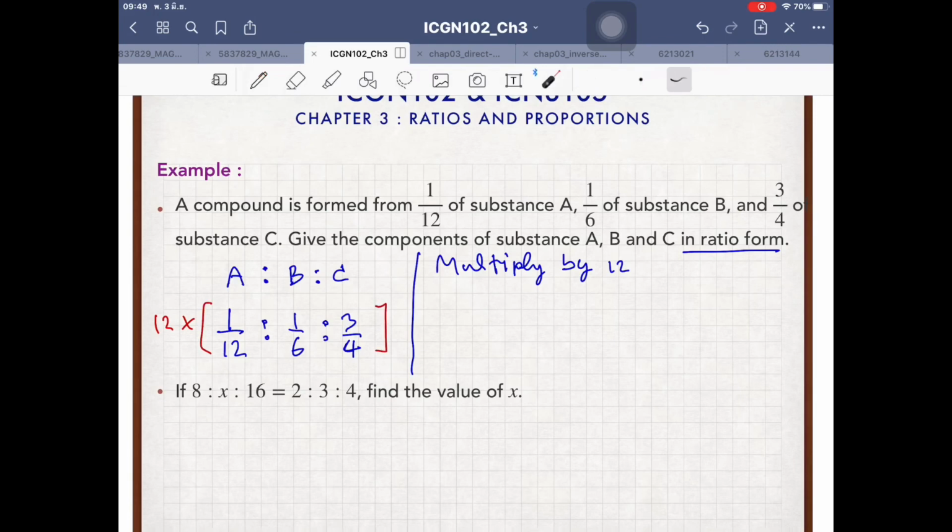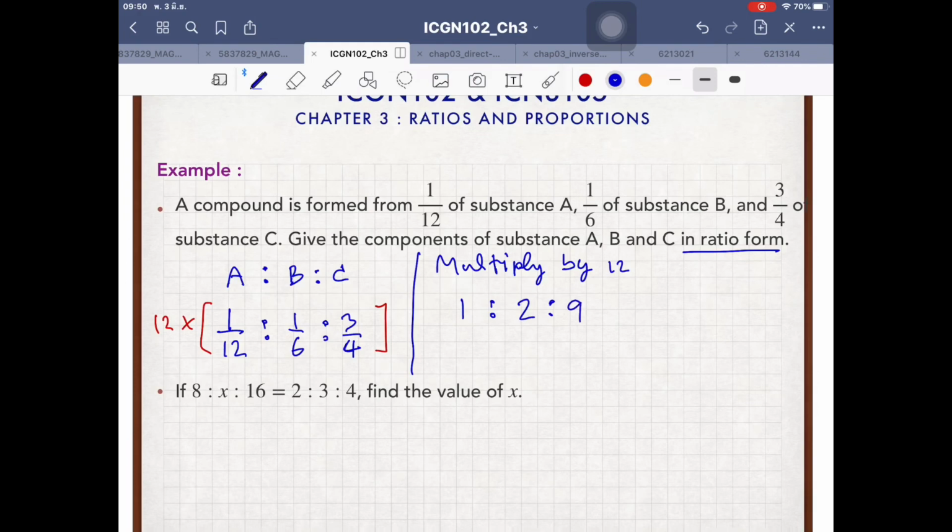The first term will be just 1, right? 12 times 1 over 12, you get 1. The next term, you take 12, multiply with 1 over 6. You can cancel 6, but at 12, you get 2. The next term, again, you take 12, multiply to this number, 3 over 4. Now you can cancel by 4, you get 3. 3 times 3, you get 9.